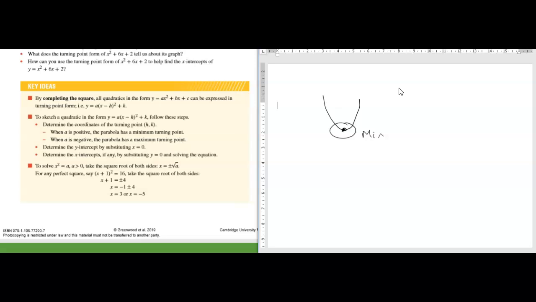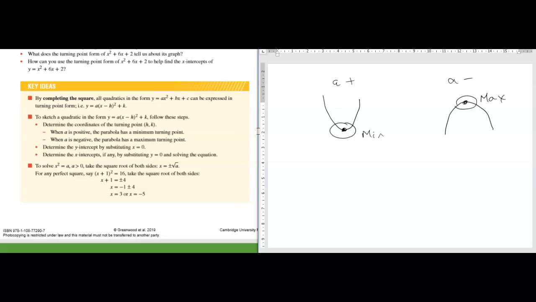And when a is negative, you have an upside down parabola. So here's our maximum point. We're going up, up, up, turning point, down, down, down. So minimum when a is positive, maximum when a is negative.